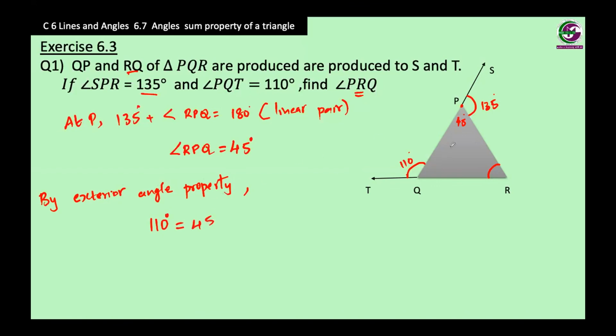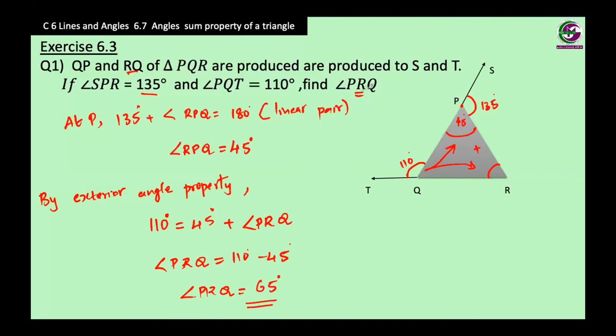You know, it is interior opposite. From here, we have to take the opposite and then add them. So 45 degree plus angle R, which is PRQ. So PRQ is equal to 110 minus 45 degree. So angle PRQ is equal to 65 degree. That was the question, to find PRQ. It's a very simple question. Hope the idea is clear.